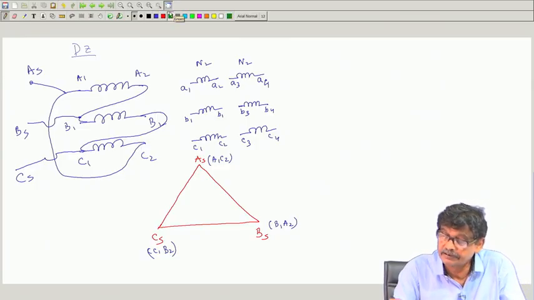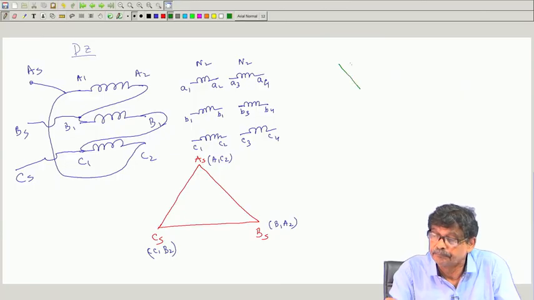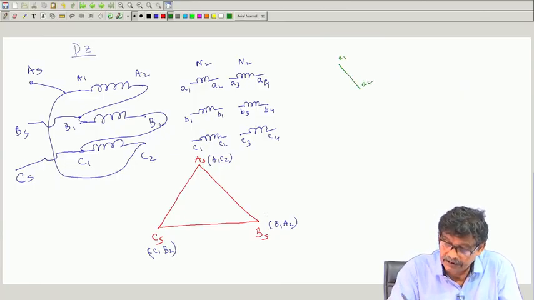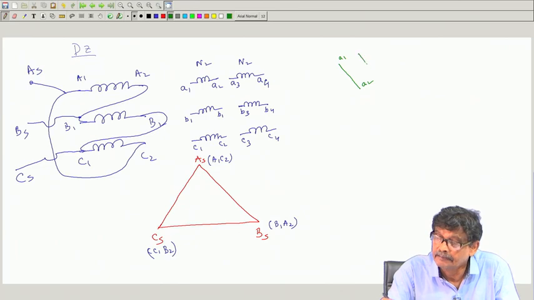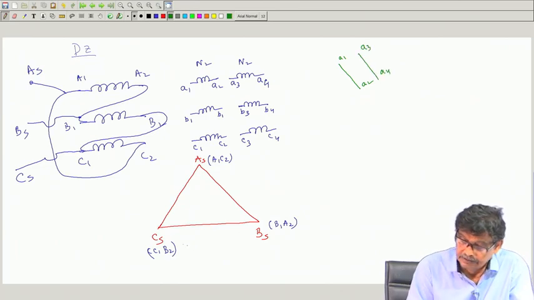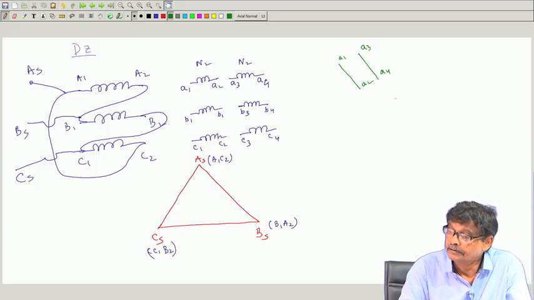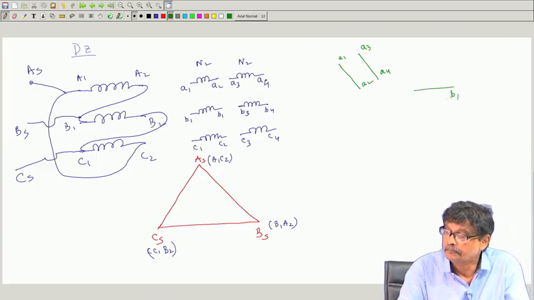What are the voltages? A1, A2, parallel voltages of equal length A3, A4. Similarly, B1, B2.